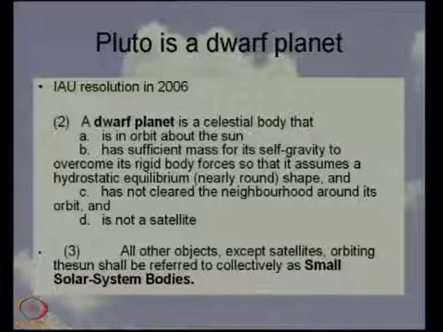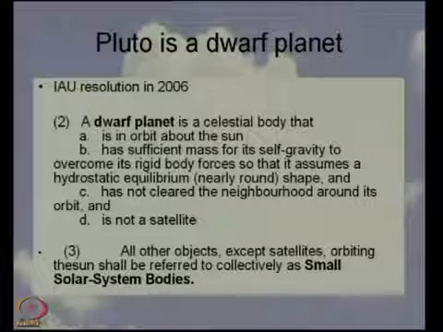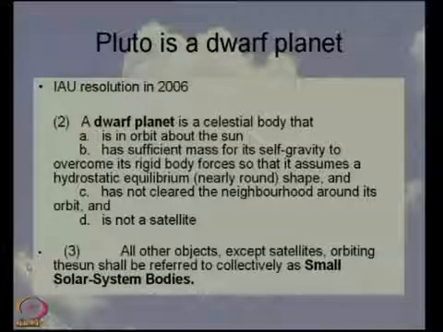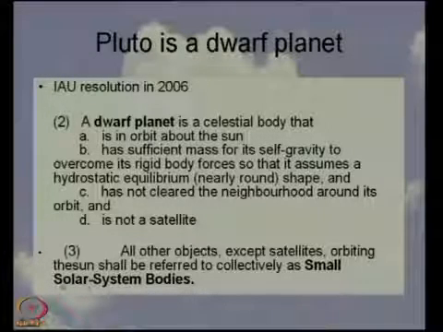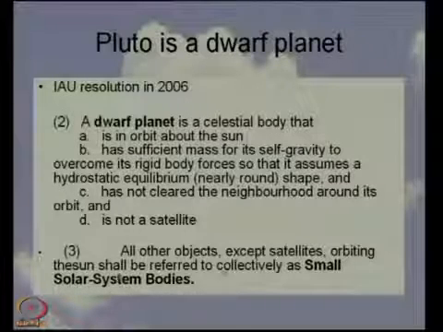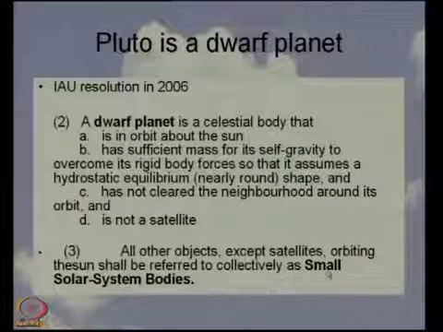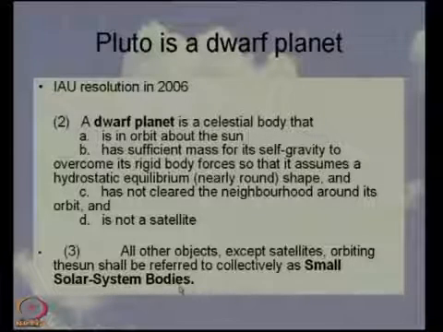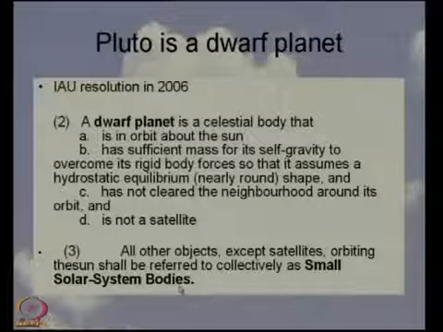That is the new nomenclature introduced by the IAU, and all other objects except satellites orbiting the Sun shall be referred to collectively as small solar system bodies.